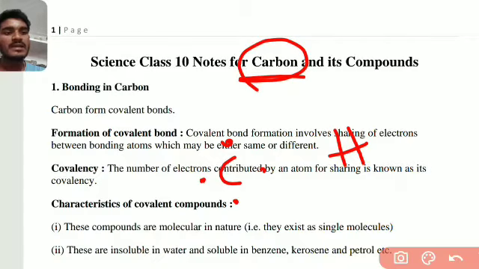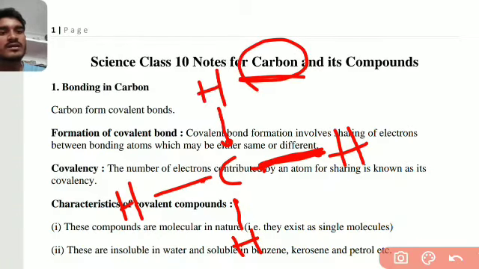Here carbon and hydrogen are different. One hydrogen atom carries 1 electron, so it forms a bond. This is a covalent bond, meaning mutual sharing of electrons between the two atoms, carbon and hydrogen.